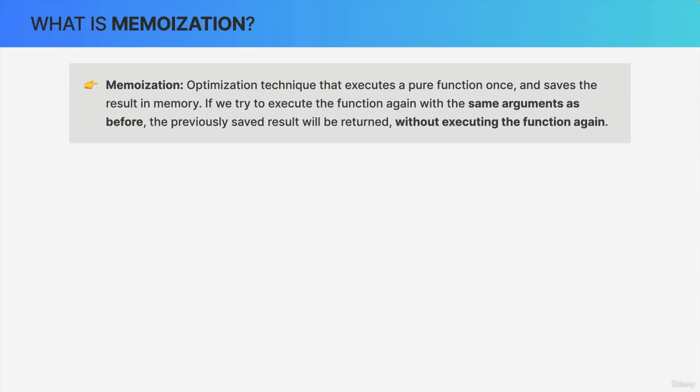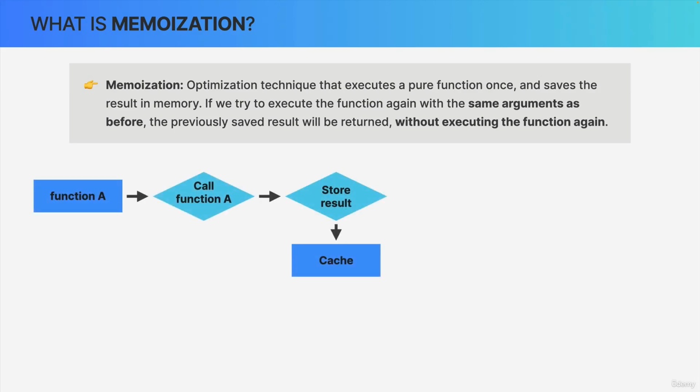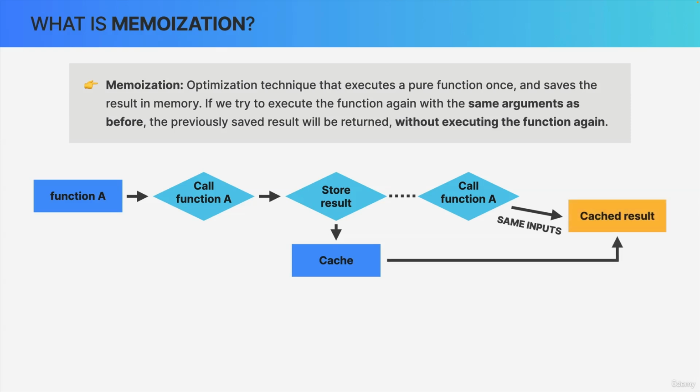Memoization is an optimization technique that executes a pure function one time, so let's say function A, and then it stores the result in memory, so in a cache. Then, if we later try to execute the same function again with the same inputs, it will simply return the result that was previously stored in the cache. So the function will not be executed again.